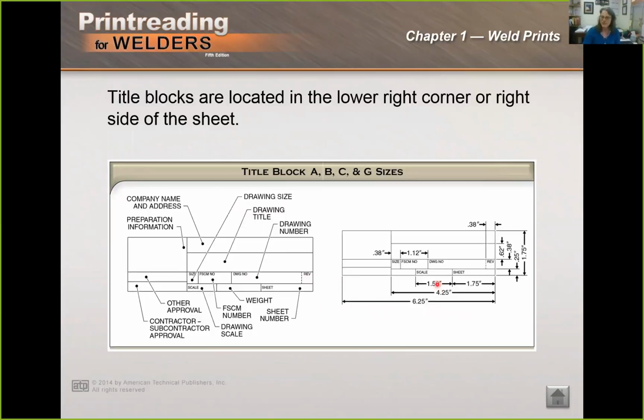But these are some fairly representative title blocks for common drawing sizes. A lot of times you'll also see a parts list or a bill of materials, and it will appear usually above the title block, and it can be on either the left-hand or right-hand side of the drawing. And that's an indication of what's needed to build the part you're building.